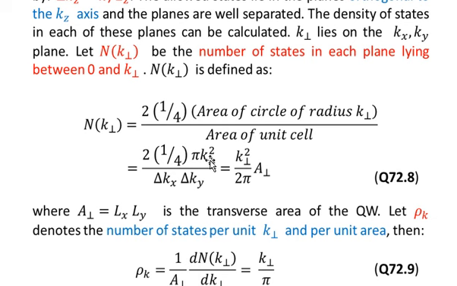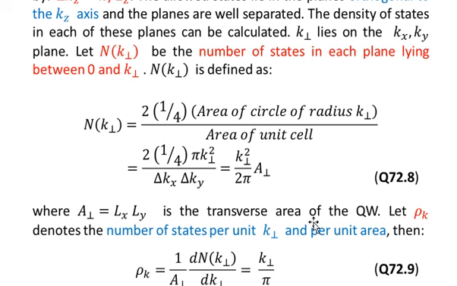k perpendicular square. So computing this one and introducing the area of the plane, we are writing it on the right hand side as k perpendicular square multiplied by A perpendicular divided by 2 pi, where A perpendicular is equal to Lx into Ly, the transverse area of the quantum well, because Lx and Ly are the real dimensions of the chip.